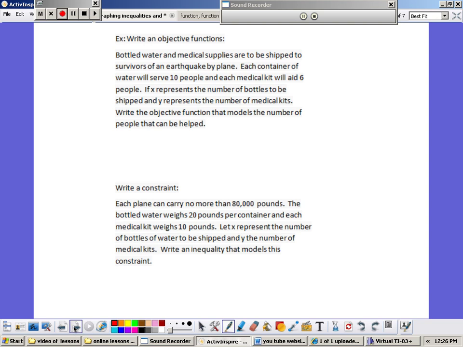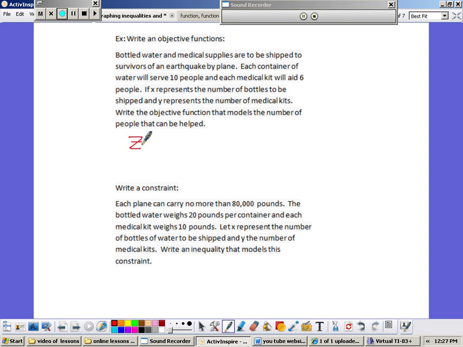Okay, here's the problem. Bottled water and medical supplies are to be shipped to survivors of an earthquake by plane. Each container of water will serve 10 people, and each medical kit will aid 6 people. If X represents the number of bottles to be shipped and Y represents the number of medical kits, write an objective function that models the number of people that can be helped. So we want to maximize the number of people helped.